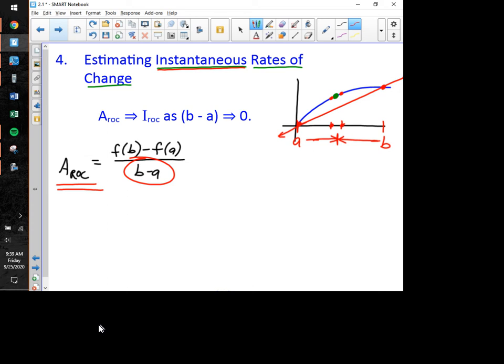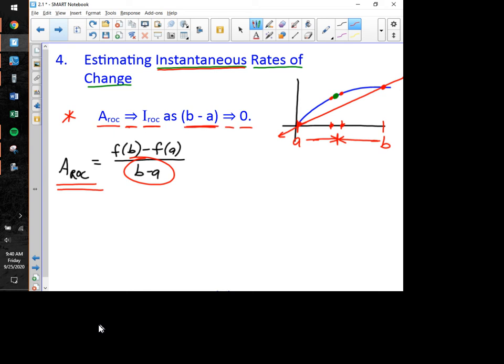So let's go back to this funky little thing that I wrote here, but I haven't talked about at all. Average rate of change approaches or becomes instantaneous rate of change as the quantity, the denominator, b minus a, approaches 0.